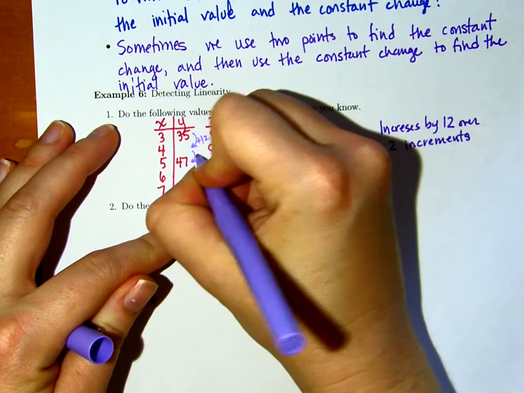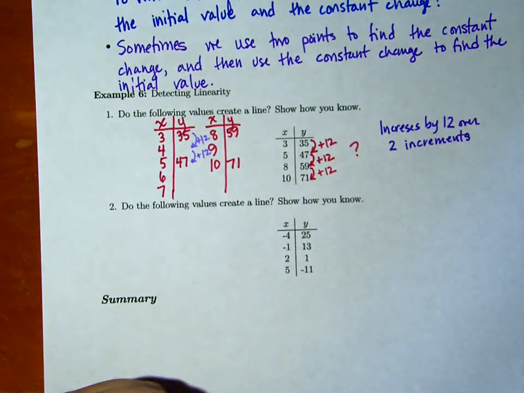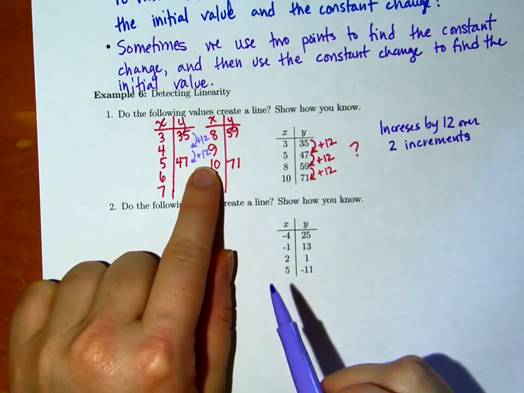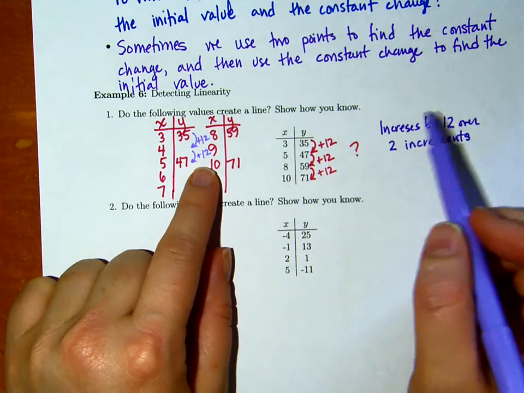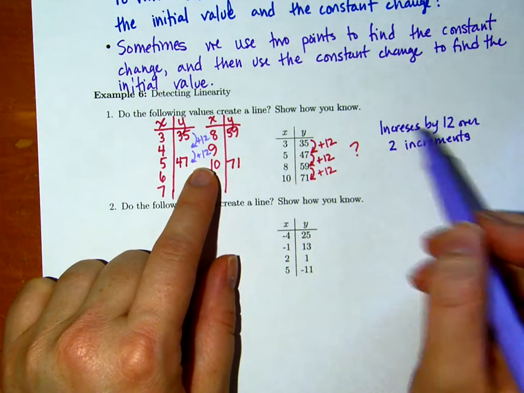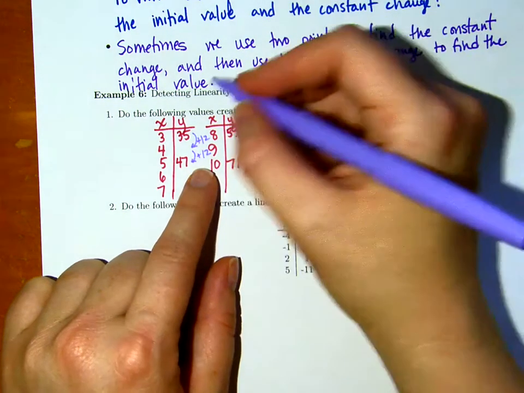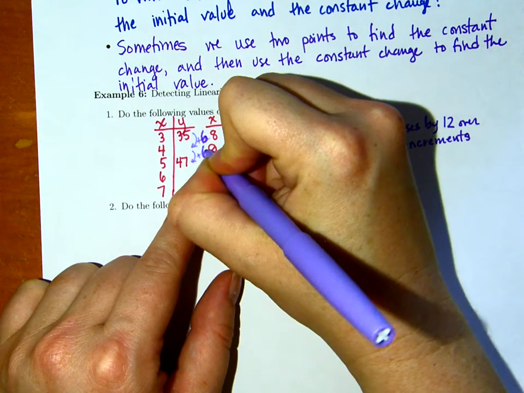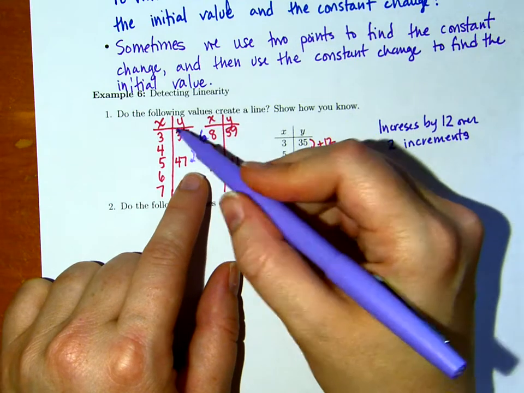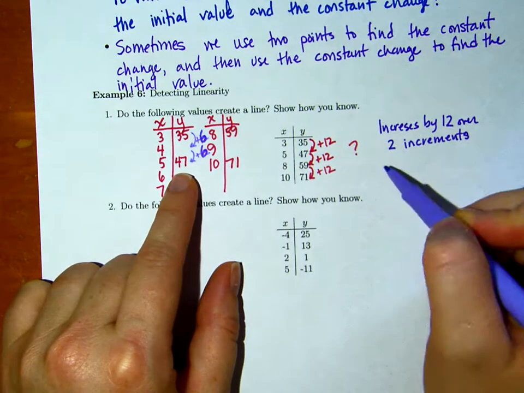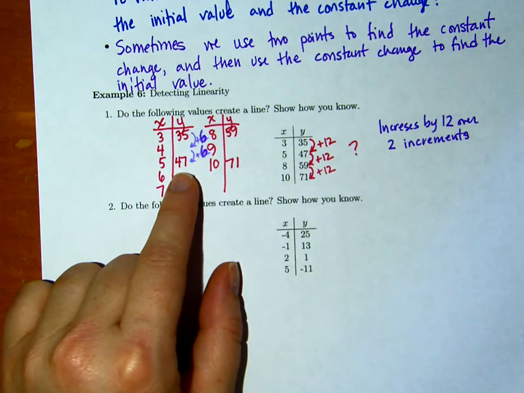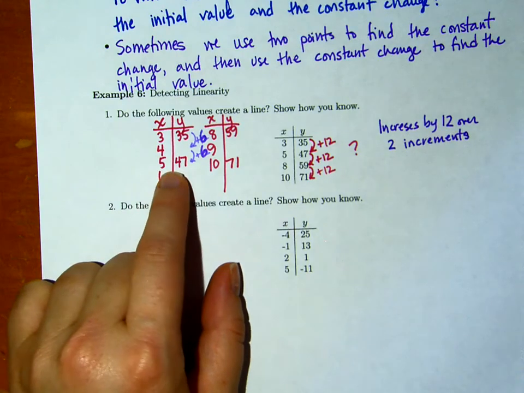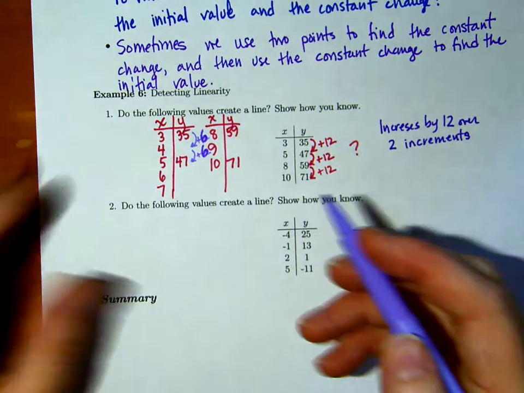Oops, no. That would be way too much, right? If we increment by 12 over 2 jumps, oh, so these should really be plus 6 as our pattern. Plus 6 would increase by 12 over 2 increments. Okay, so plus 6 is our pattern.